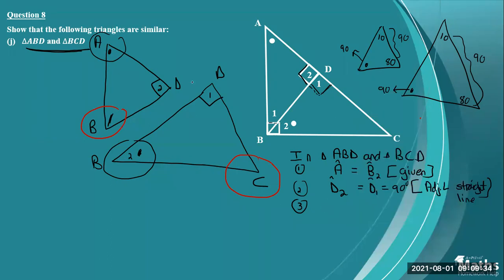Therefore, in the small triangle, it will be B1. So B1 will be equal to angle C. My reason will be because of interior angles of a triangle. So proving this, you need to find two angles, and then the third one, the unknown one, those will be equal.